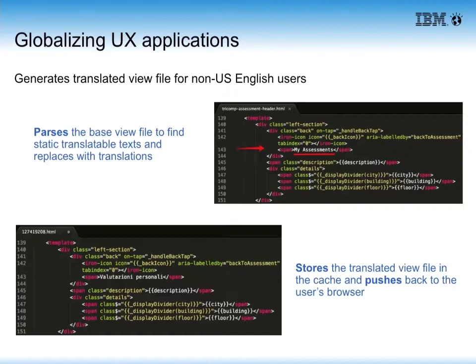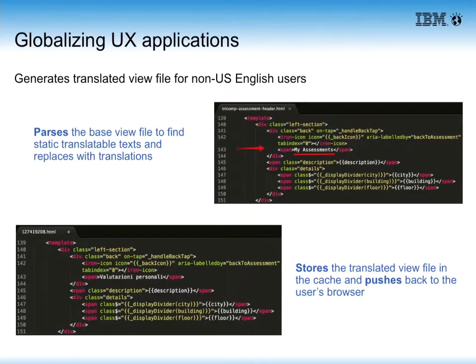So when a non-US English user requests a static HTML resource from the server, the platform first scans the base HTML file and parses translatable text from it. Then it creates a translated version of that HTML file by replacing it with translated text. It then stores it to a file cache before pushing it back to the user's browser.